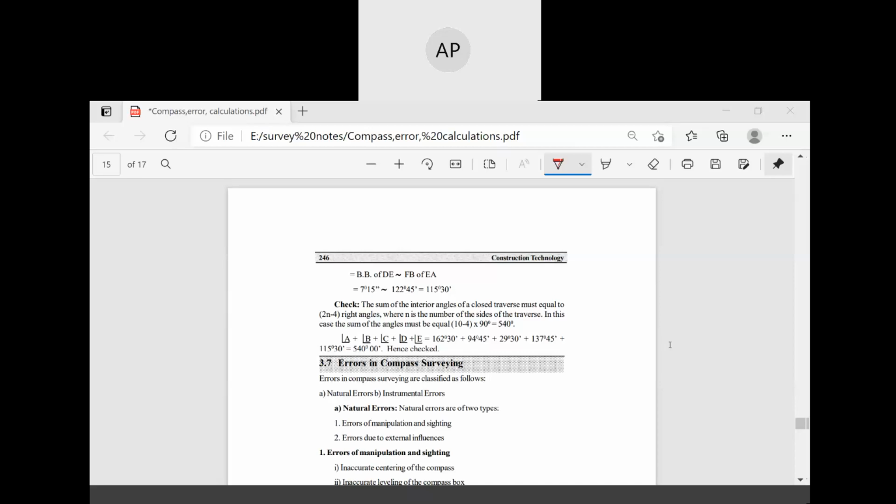Okay, can I add degree here? The least count of a prismatic compass is 1 degree, that is your 30 minute. I forgot. That is not 1 degree.